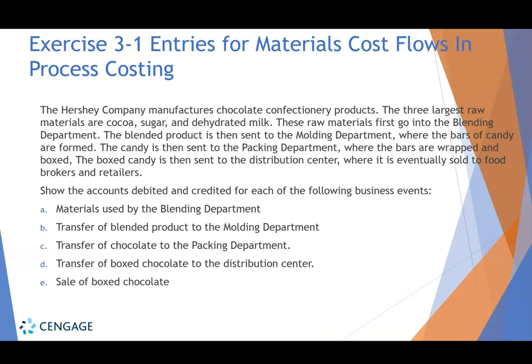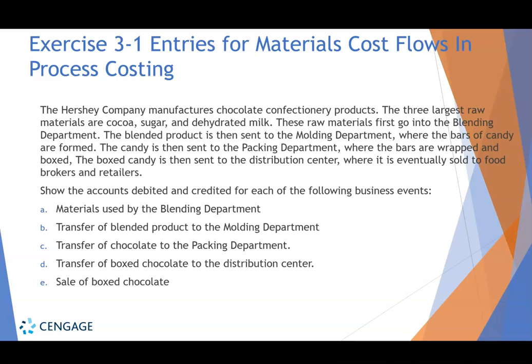Let's look at some problems here. Okay? So here we've got entries to record these various transactions. So here we've got the Hershey Company manufactures chocolate confectionery products. The three largest raw materials are cocoa, sugar, and dehydrated milk.